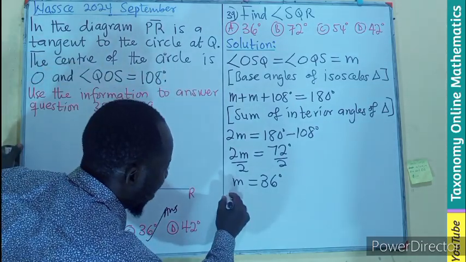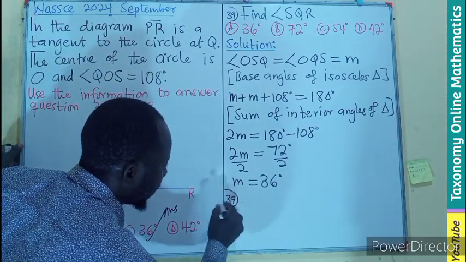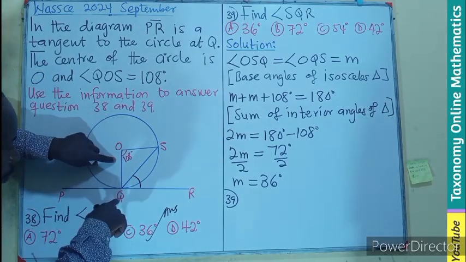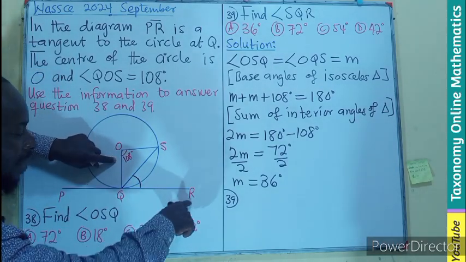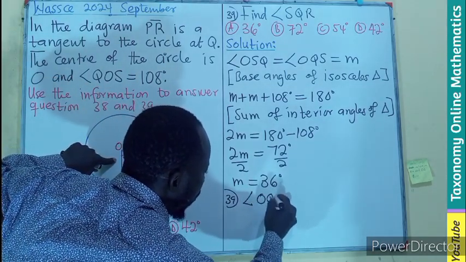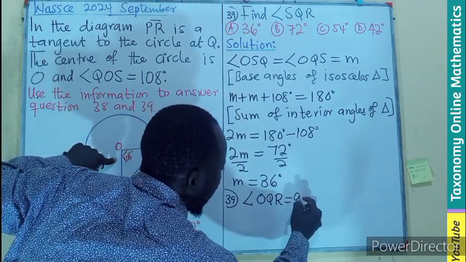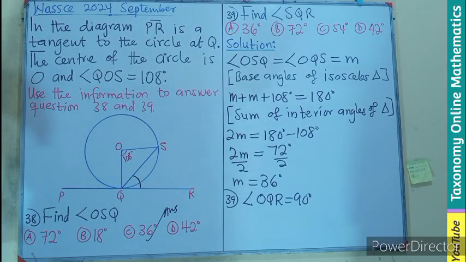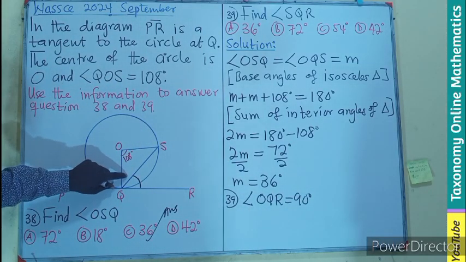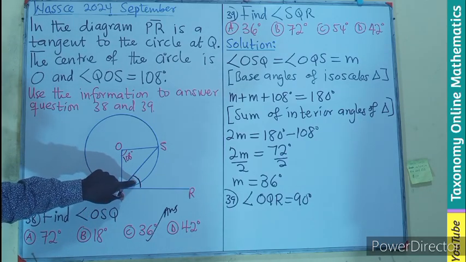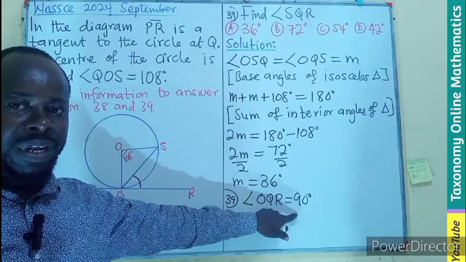So for question 39, angle OQR is equal to 90 degrees, the radius and tangent angle. Then that angle here, which we found as 36, plus what we are looking for will be equal to this.